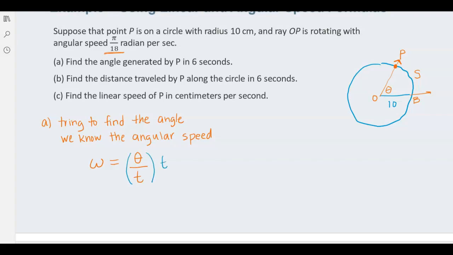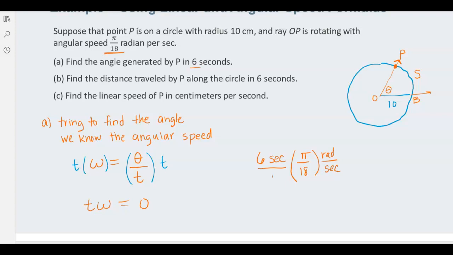So if I multiply both sides by t to rearrange this, I have t times omega equals theta. We know that the amount of time is 6 seconds, so we'll put 6 seconds. And then we have omega as pi over 18 radians per second.